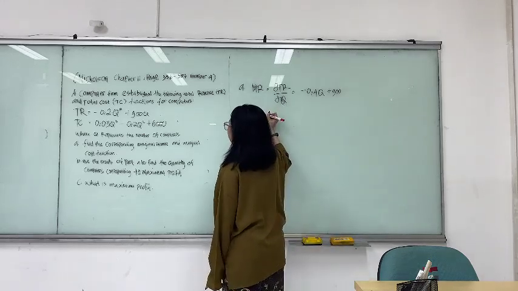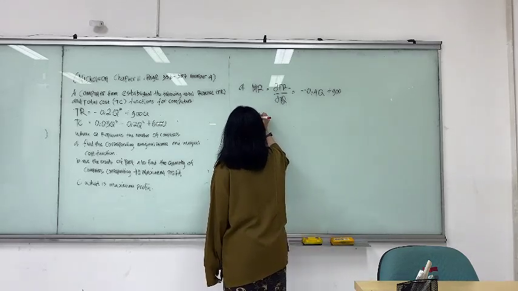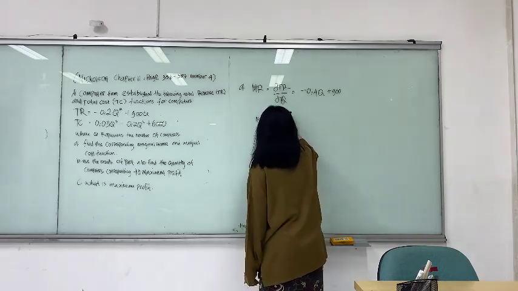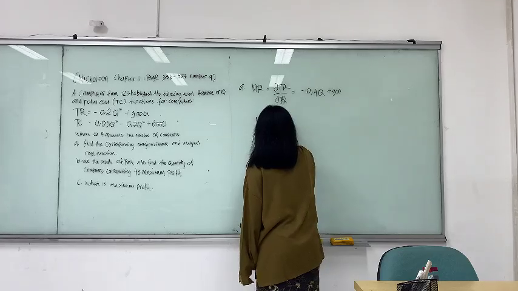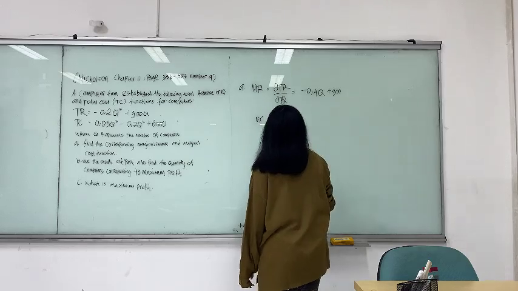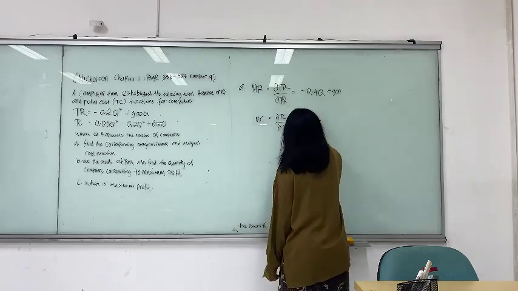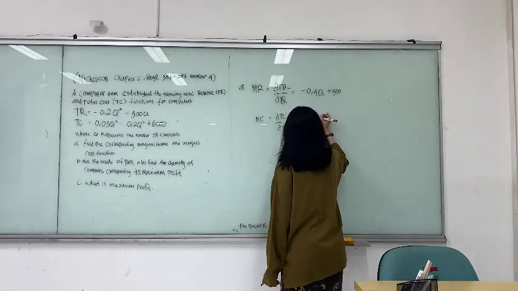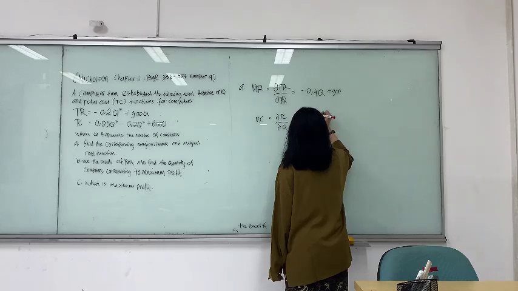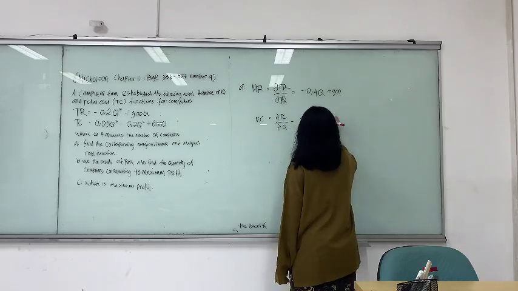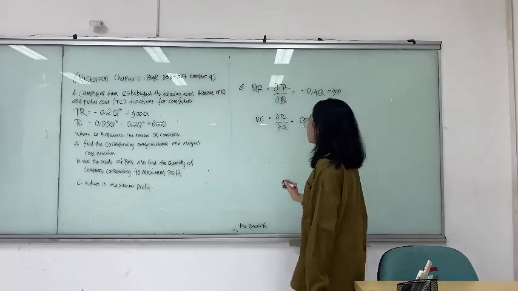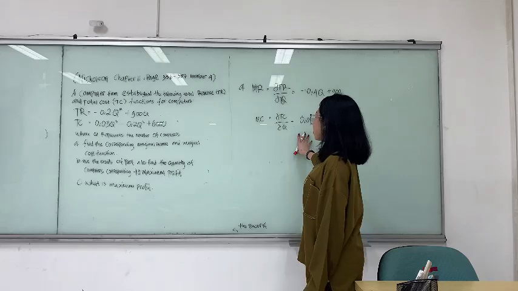The second is marginal cost MC, the derivative of TC with respect to Q. The result is 0.09Q squared minus 0.4Q.